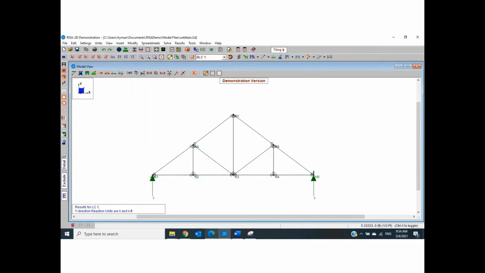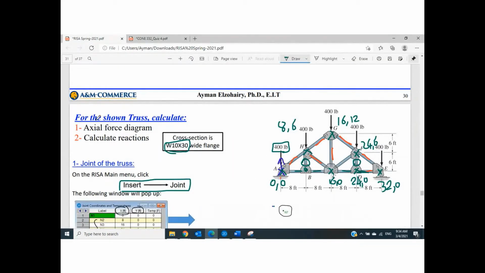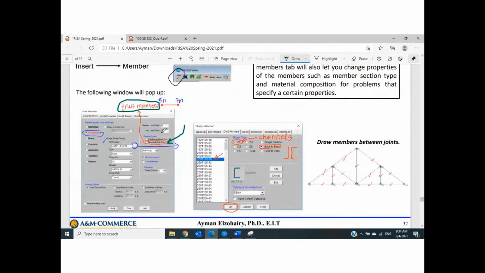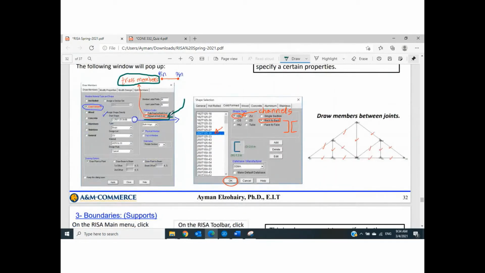So please remember, for trusses, you have to select this option before drawing members. If you select this option and start to draw, each member will have two circles, one at the beginning, one at the end. That means you are drawing truss members.